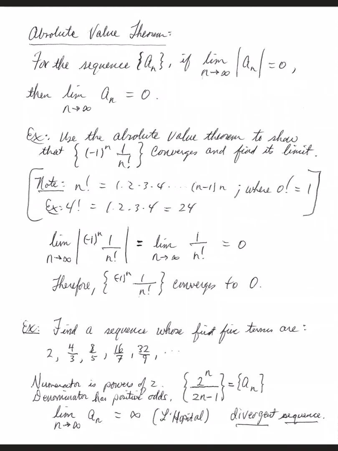Another example, let's find a sequence whose first 5 terms are 2, 4 over 3, 8 over 5, 16 over 7, and 32 over 9. Some of these take quite a bit of work. Don't forget this 2, you can treat it as 2 over 1.